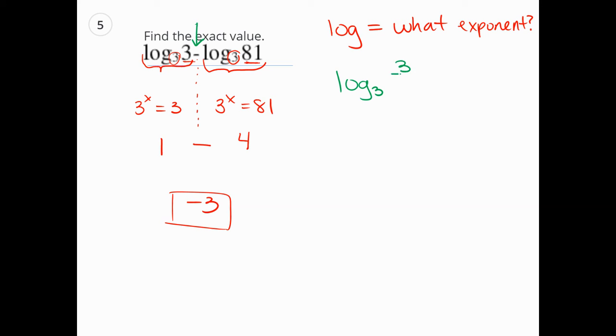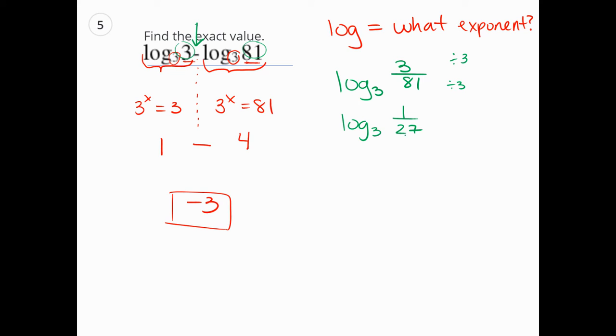It would be 3 over 81, because it's always the first one over the second one. If I reduce that, that gives me 1 over 27. I divided top and bottom by 3.